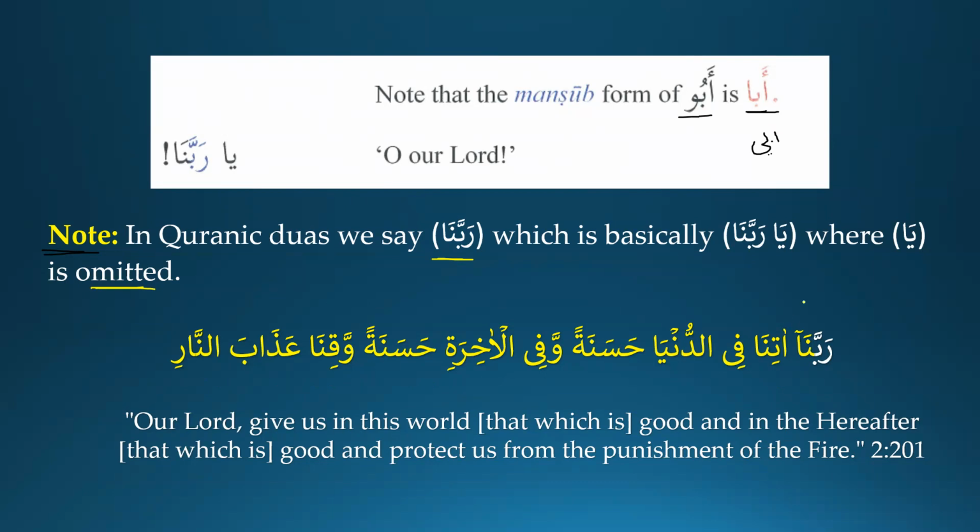There are, I believe, around 40 du'as in the Quran that start with Rabbana, and all of them are Ya Rabbana. So ya is mahdhuf, and this is the beauty of the Arabic language. In the Quran, we will always find it as mansub, and the reason it is mansub is that it is mudaf: Rabba is mudaf, and Na is mudaf ilayh.